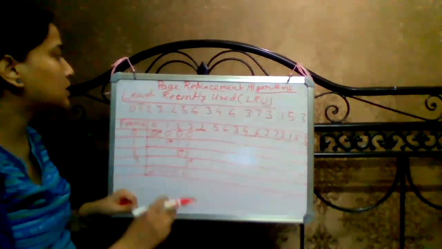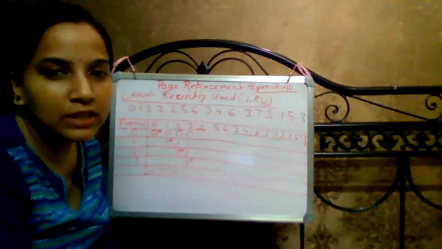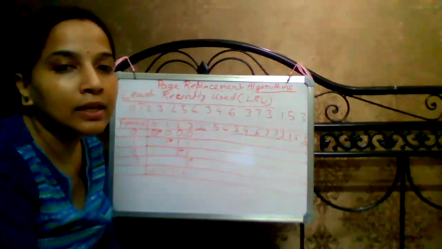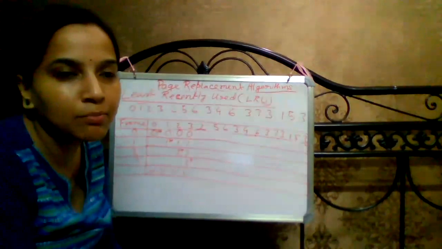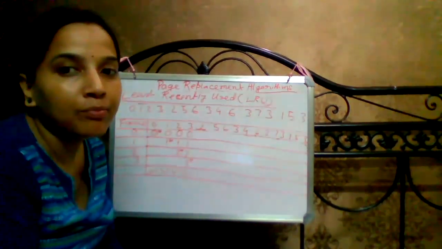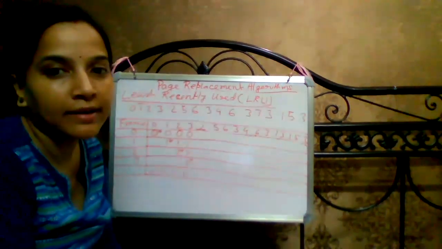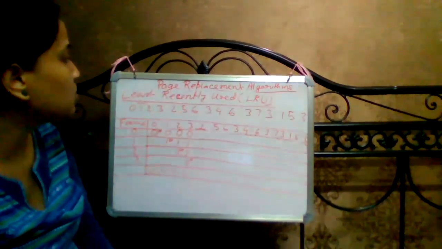0 1 2 3, page fault occurs. Okay, now when we use the least recently used algorithm, we replace the victim page, which is the page that has not been used recently.